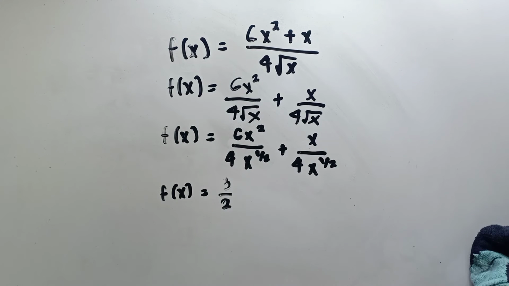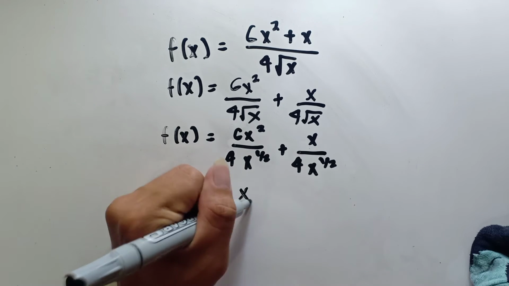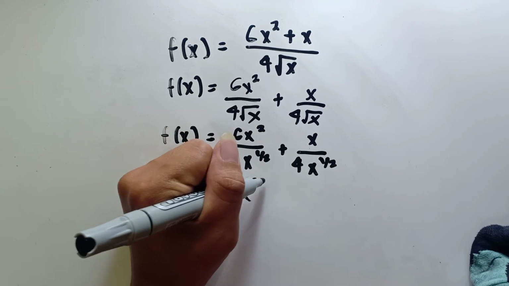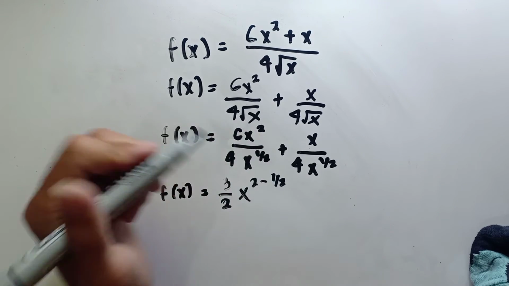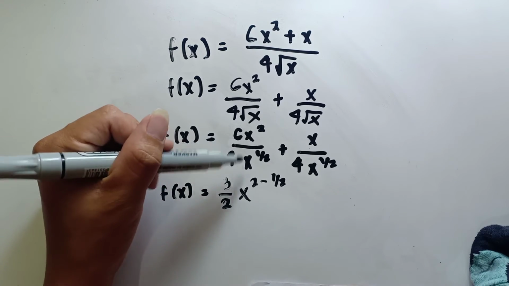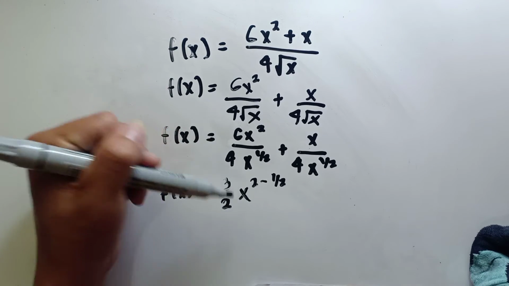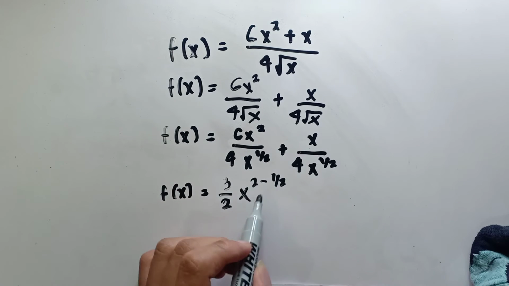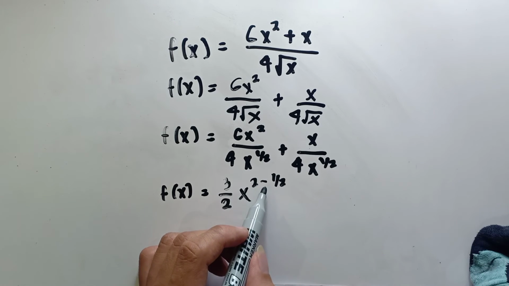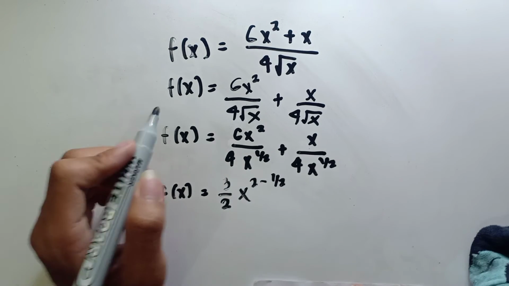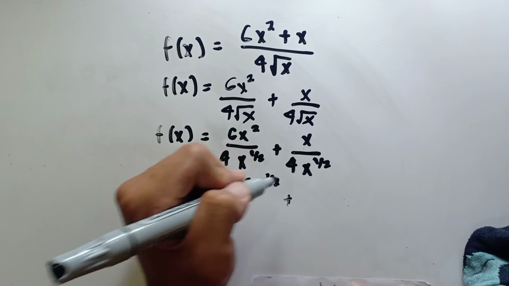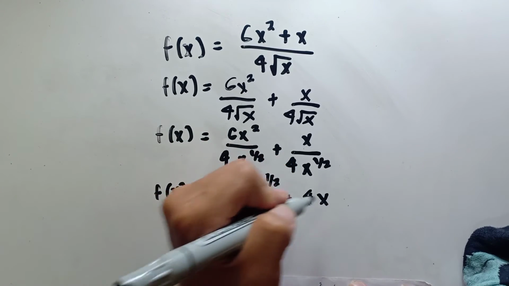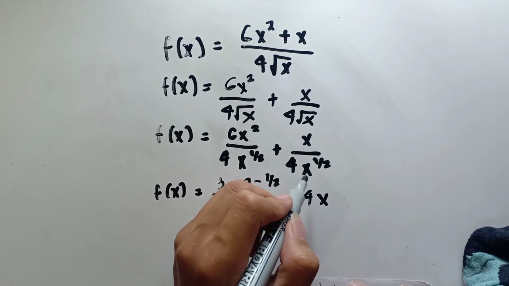How can we divide the same base with a different exponent? So this is how you divide: 2 subtracted by 1 half. You just copy the same base, which is x, and subtract their exponents, which is 2 subtracted by 1/2. So in here also, for x, copy the base, which is x, the same base.